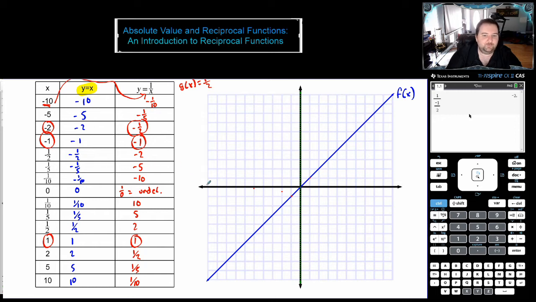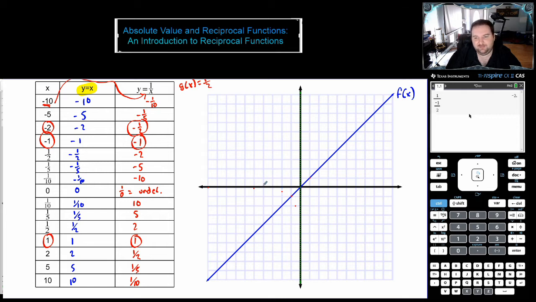Let's see what happens when we get all the way to -10. It's -1/10, which is like super close to 0, right? There you go. And so now I kind of want to see what happens when it's a fraction, right? Let's look at -1/2. Y value is -2. So when x is -1/2, y is -2, which would be right there.